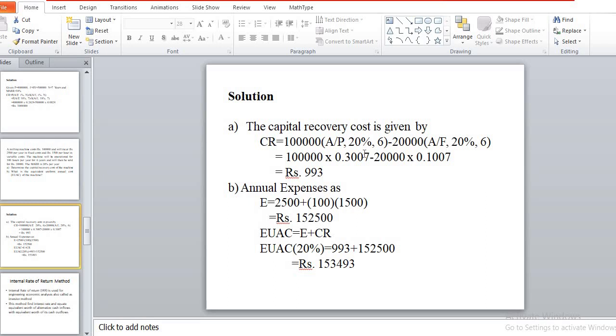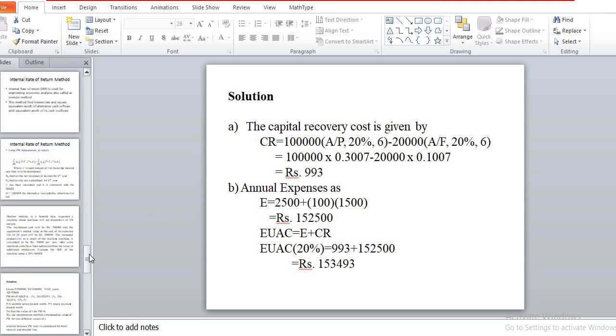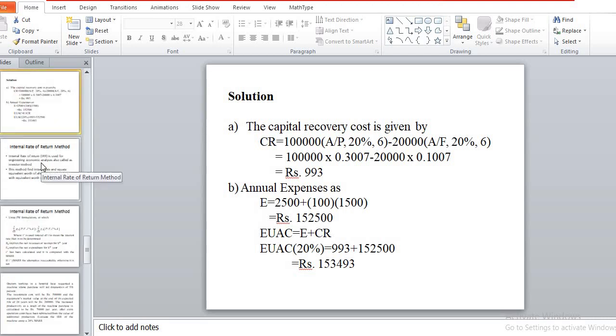For your syllabus, it is an introductory syllabus, and you are expected to solve some numericals based on these formulas.